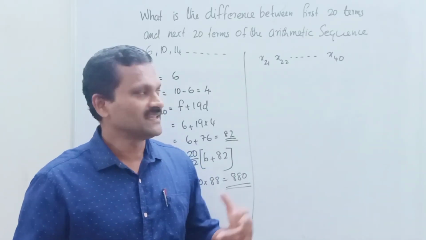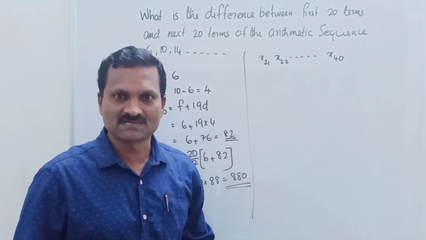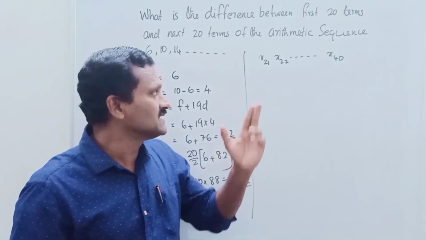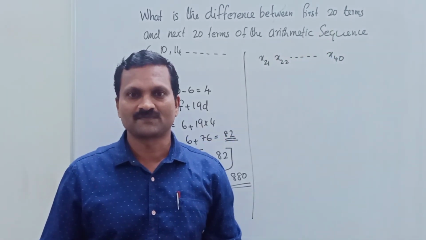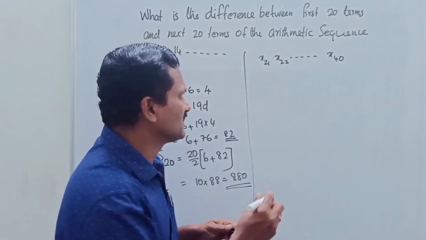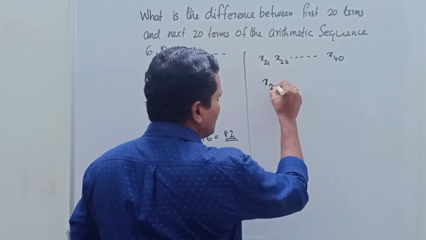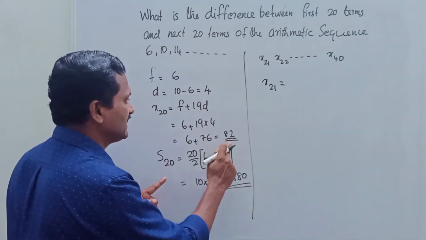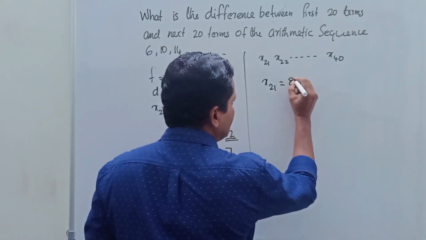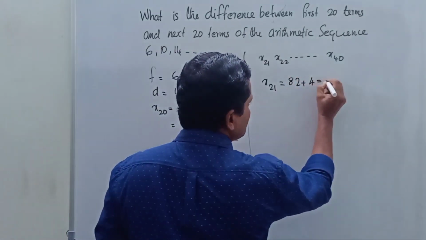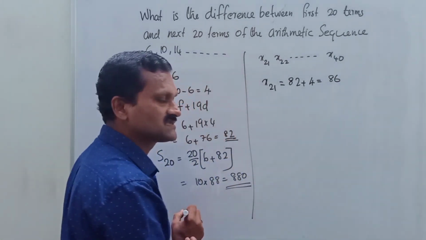Next we find the sum of the next 20 terms. The next 20 terms means the terms beginning from the 21st to the 40th. What is the 21st term? We know the 20th term is 82 and the common difference is 4. Then the 21st term is 82 plus 4 equals 86.